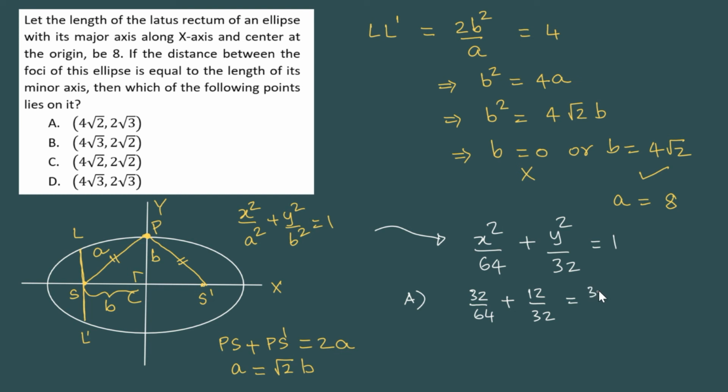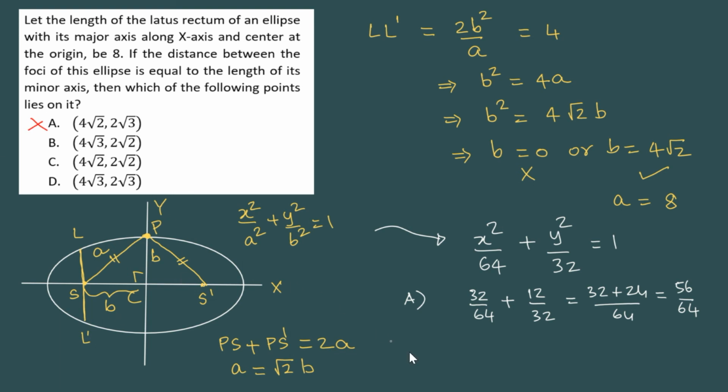If I make the denominator 64, that's 32 plus 24 by 64, and this is 56 by 64. So this is not going to lie on the ellipse.